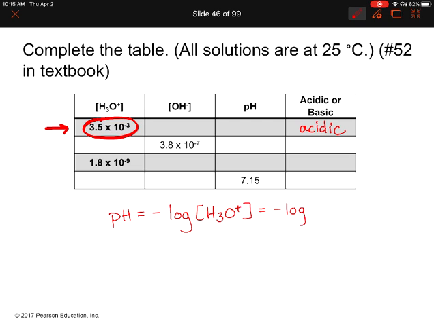So all we have to do here is just plug in that concentration that we're given. And if you want to pause the video and calculate this really quickly, you can. So the pH value that I got was 2.46. And again, we had two significant figures in the concentration value. So that means we need 2 decimal places in the pH value.